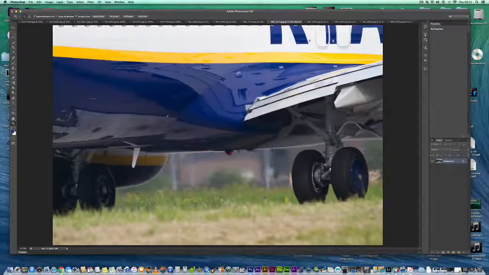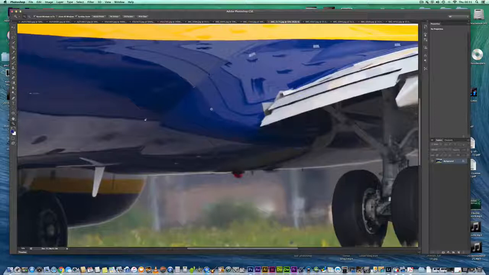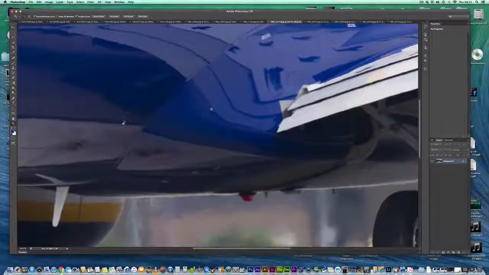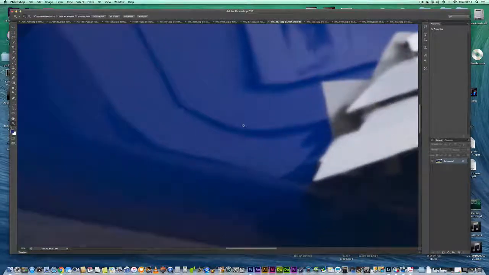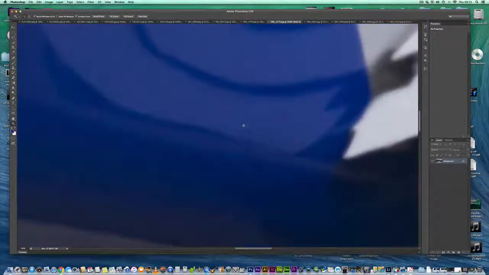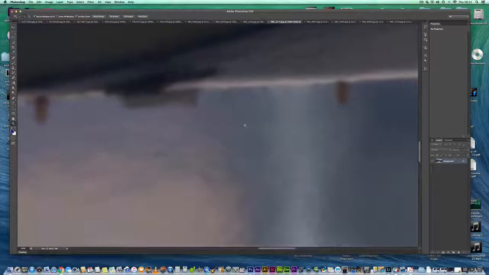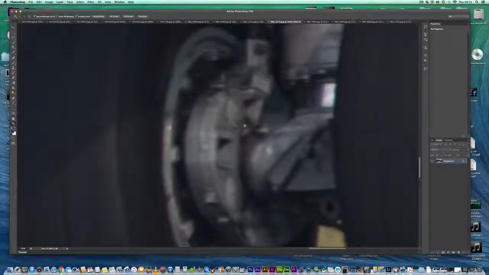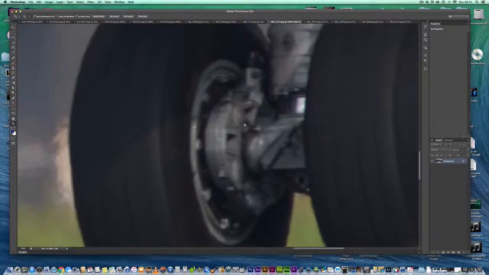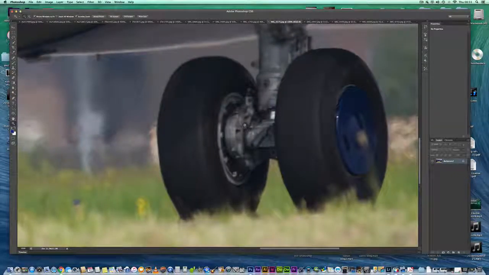So let's just pick a section. 100%, 200%, 300%. Just zoom out a little bit. Right, the next image.